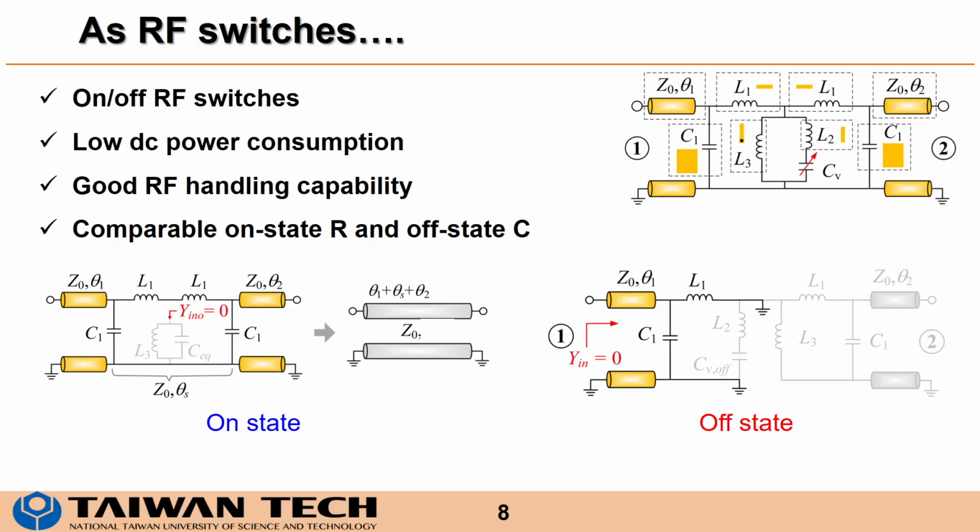The varactor C_v serves as the reconfigurable part of the structure. By applying a proper voltage value, the resonance of this LC circuit is controlled.